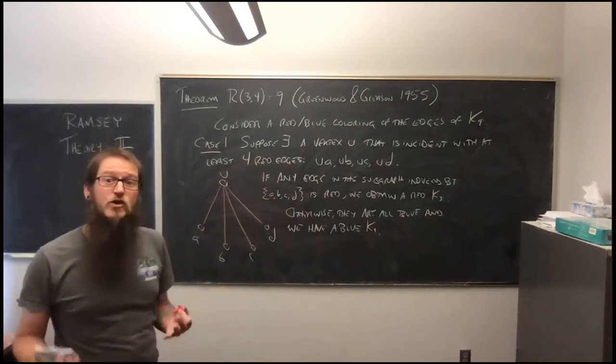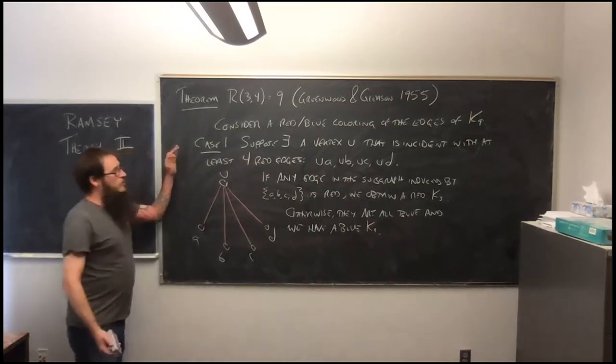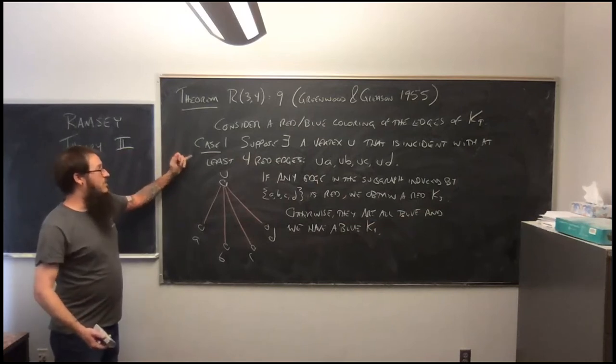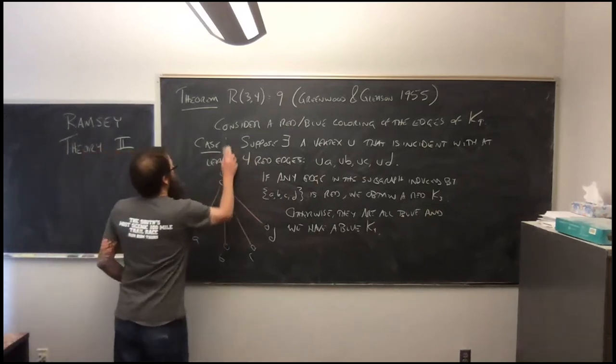And this next one's going to actually build on our R(3,3) result that we had. So we now know the case that we have a vertex, any vertex, that's incident with at least 4 red edges. That's taken care of. So let's look at case 2.